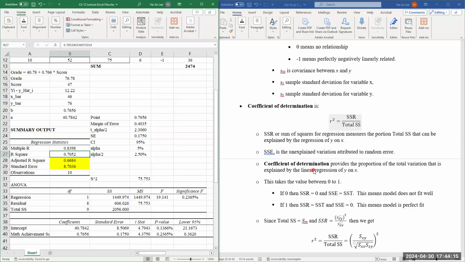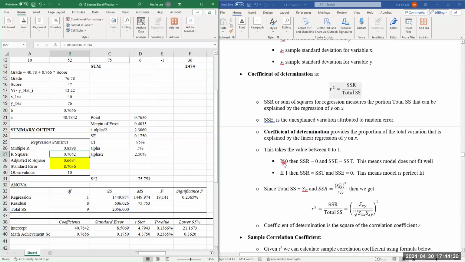And the coefficient of determination, or R squared, provides the proportion of the total variation that is explained by the linear regression model. It takes a value between 0 and 1. If it's equal to 0, then that means SSR is 0, and that means SSE, the sum of square error, is equal to total SS.